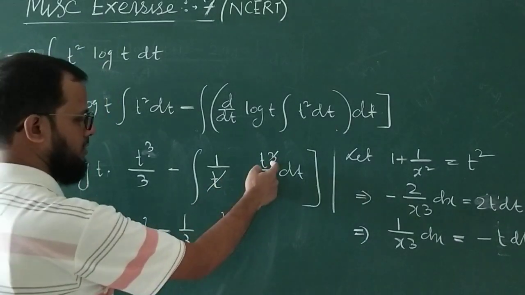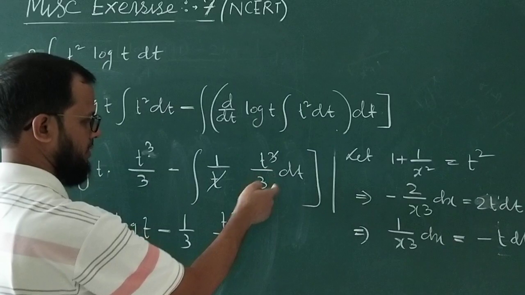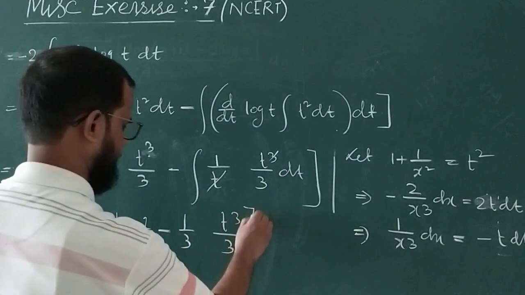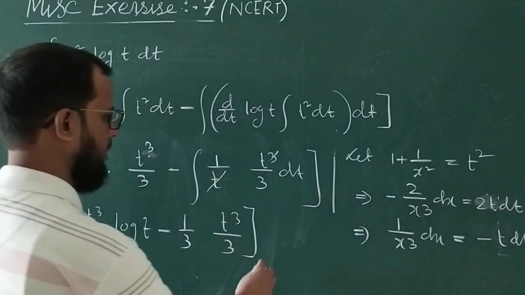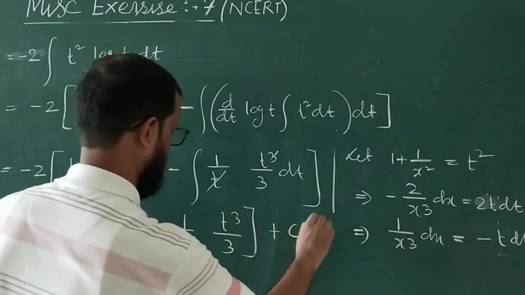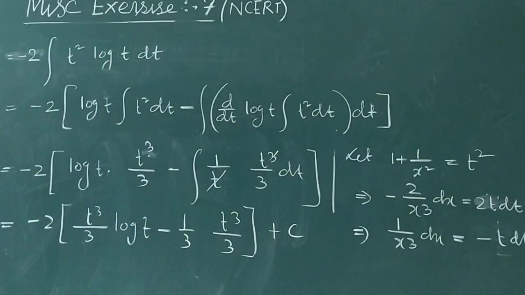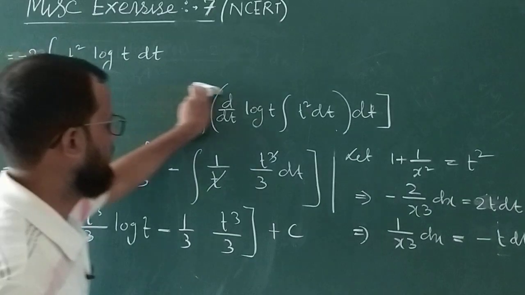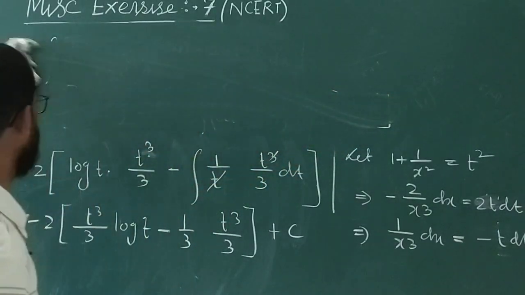So t and t cube cancel, है t square है, t square 1 by 3 तो out, t square dt is t cube by 3, plus constant c. Now you have to substitute t. What is t? You have to find out t first, and putting the value of t in this result, you will get the final expression.